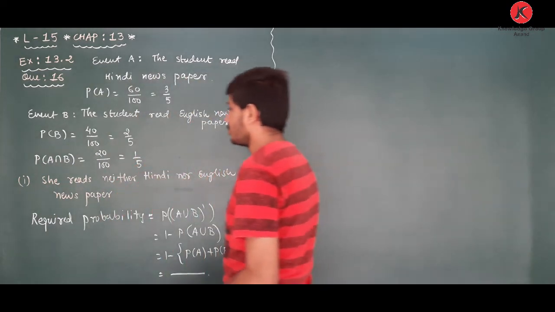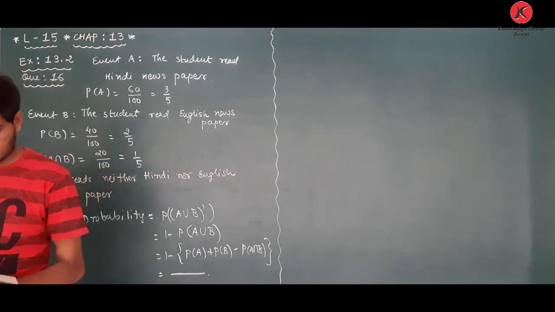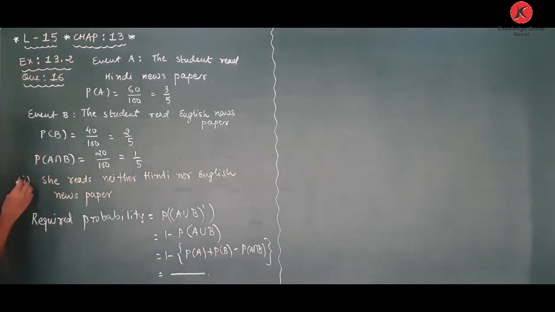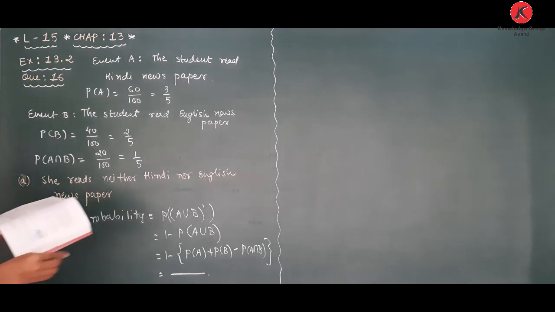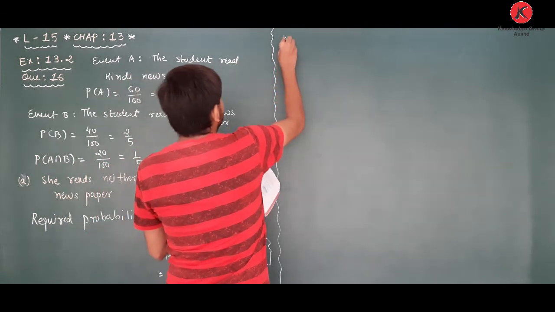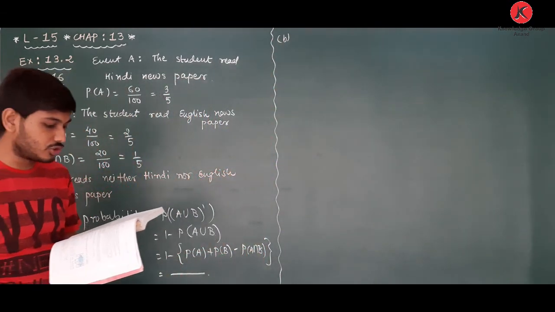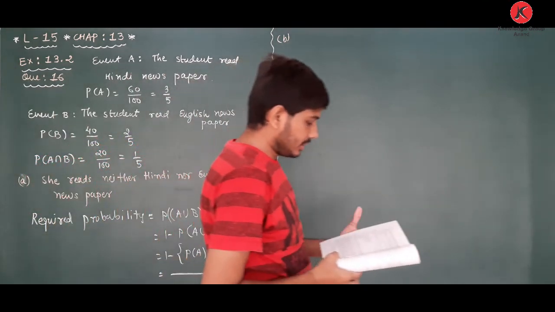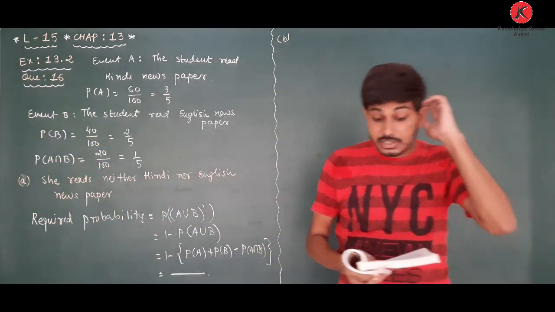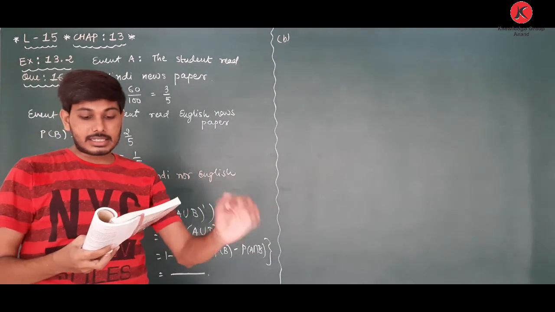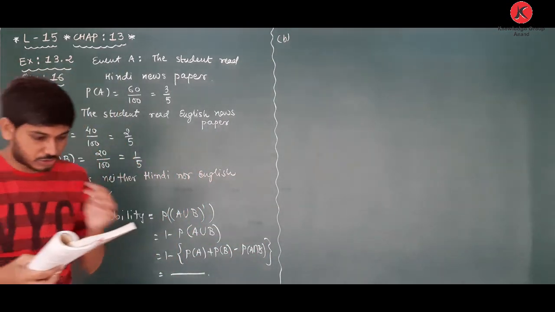So next, the second question, which is for B. Names are not given as first, second, third, so let's call them A, B. She reads Hindi newspaper. If she reads Hindi newspaper, then find the probability that she reads English newspaper.